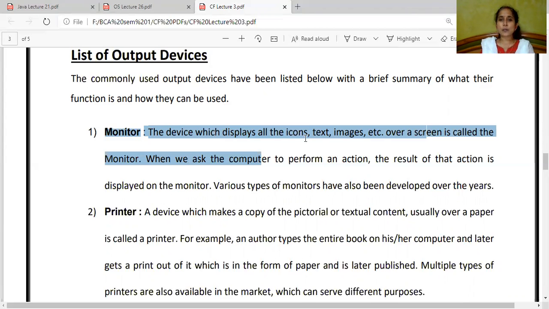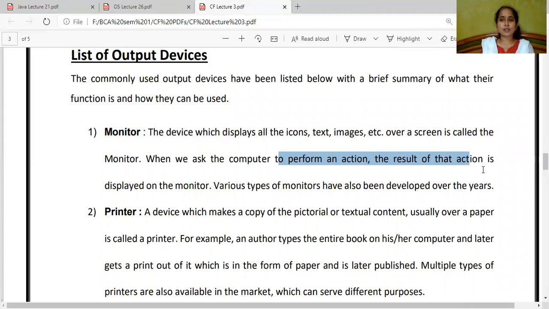The device which displays all the icons, text, images over the screen is called the monitor. When we ask the computer to perform an action, the result of that action is displayed on the monitor. You have LED and plasma screens, and nowadays you even have touch screens in handheld devices like smartphones. So that is your output device.